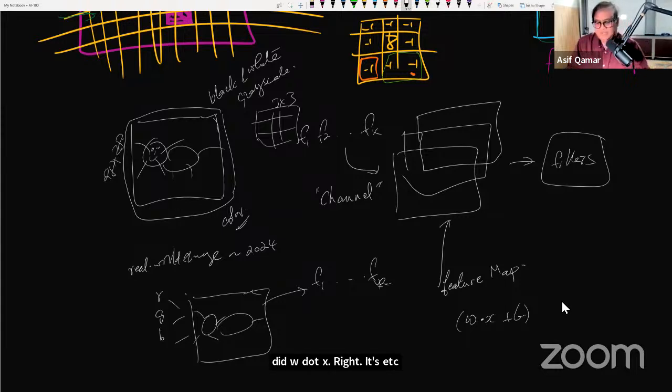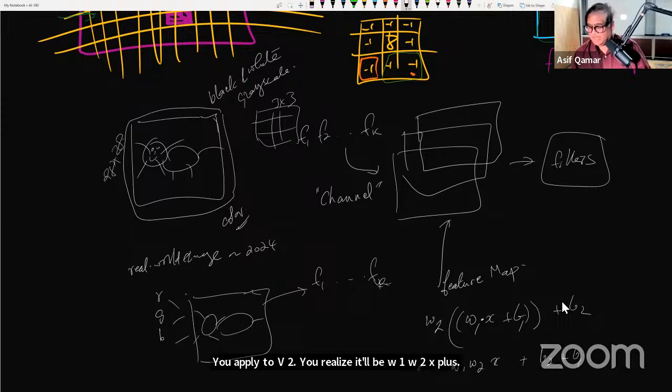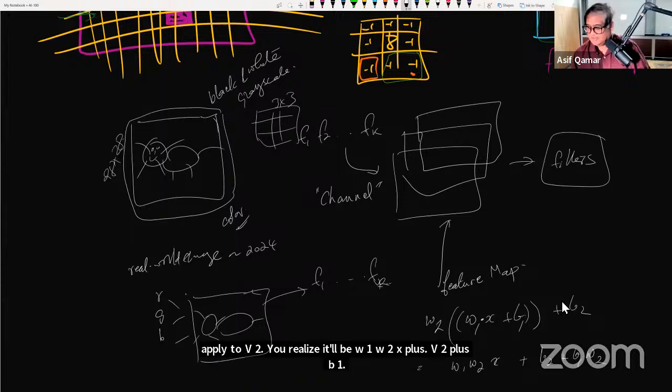Now take a linear transform followed by another linear transform: w1 x plus b1, followed by w2 plus b2. Let's say this is your new x, you apply w2 and b2, you realize it will be w1 w2 x plus b2 plus b1 w2, right?